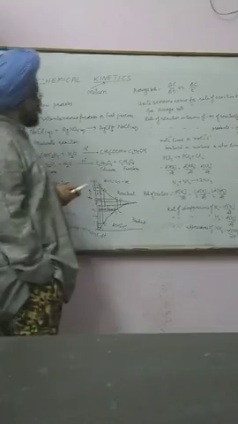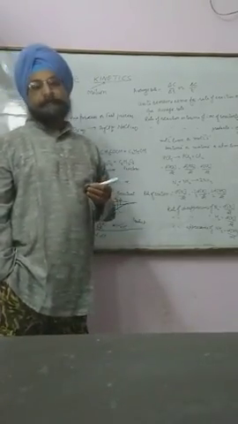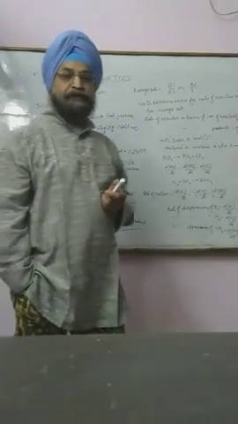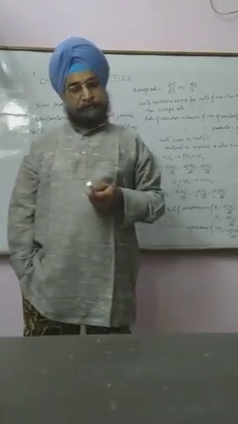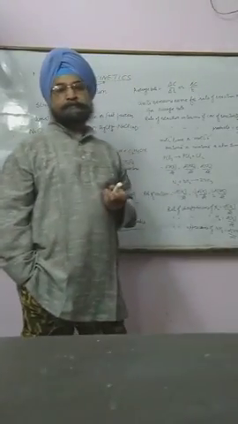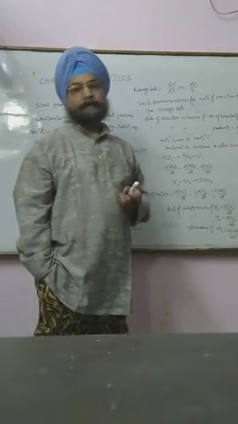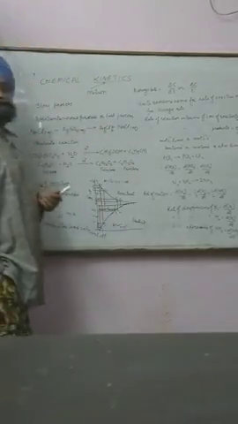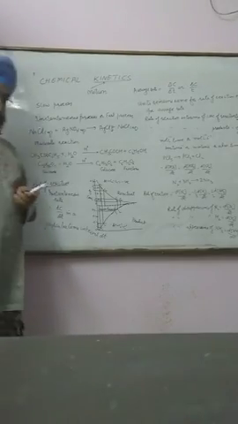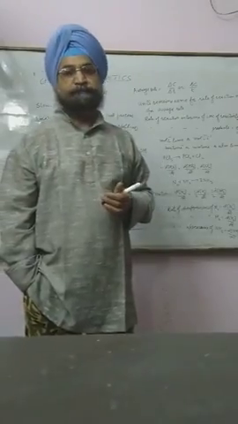Slow reaction means the processes which proceed at a very slow rate, that is, requires months, years, centuries, etc. Like rusting of iron, formation of coal, and formation of petroleum.